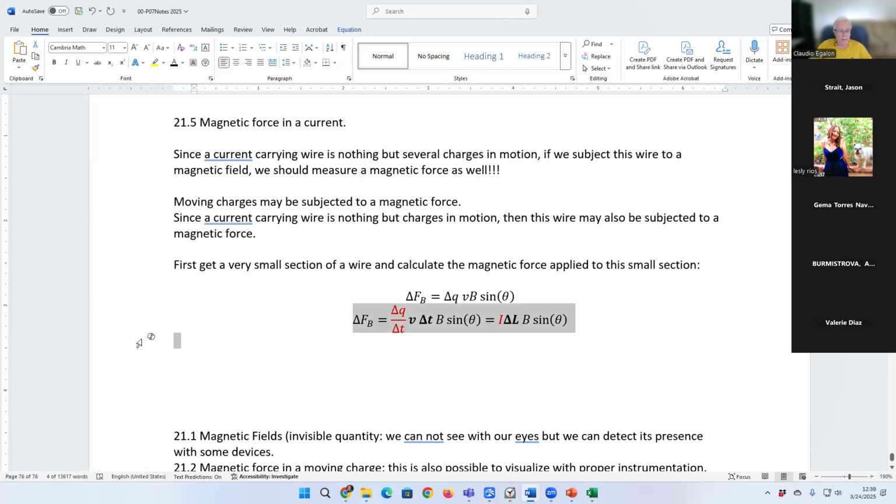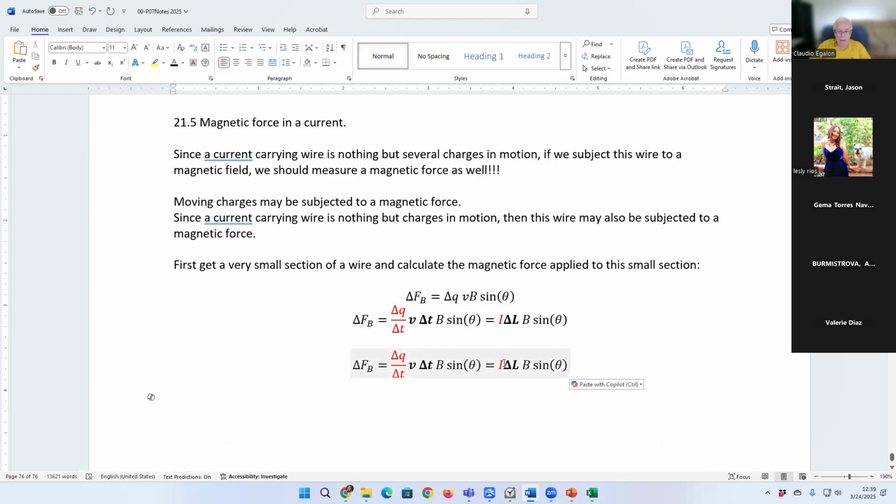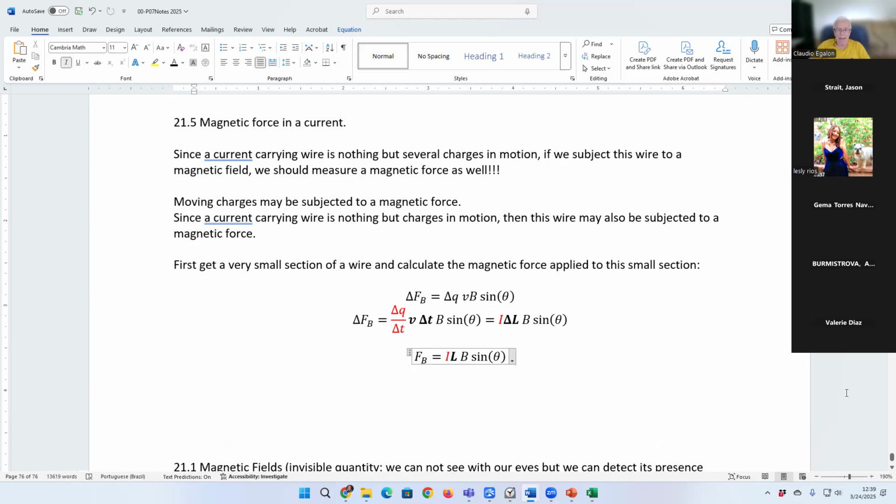And then we can get the whole length of the wire. It's no longer going to be delta F, it's going to be F. And that's the force applied to the current carrying wire.